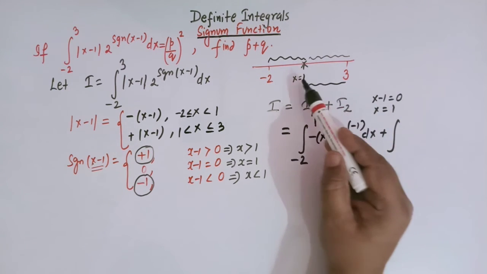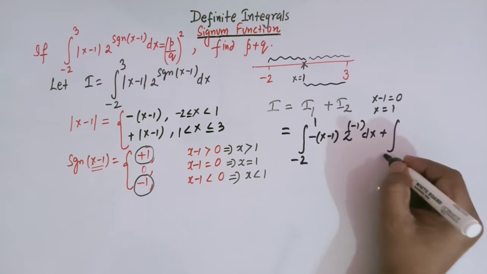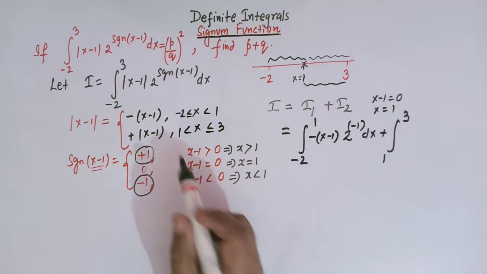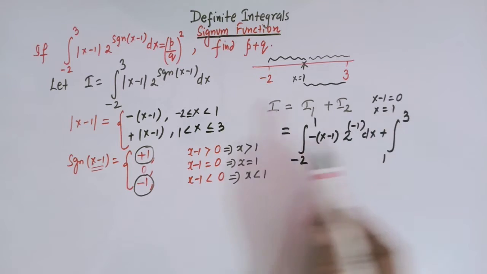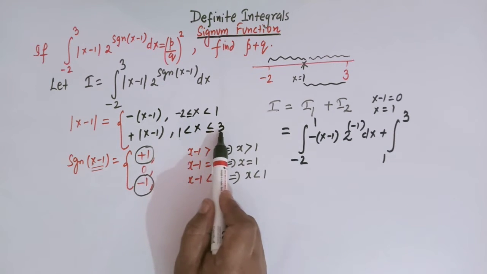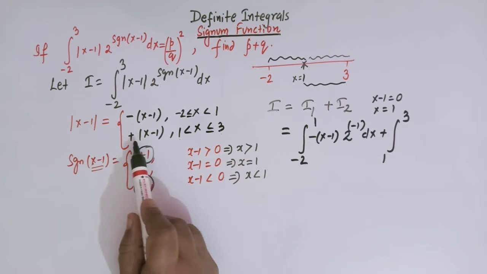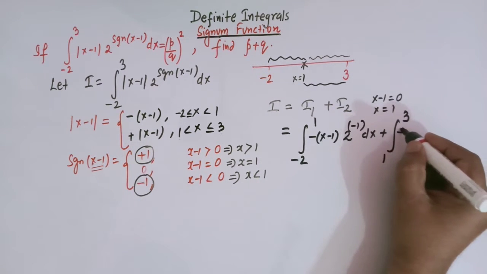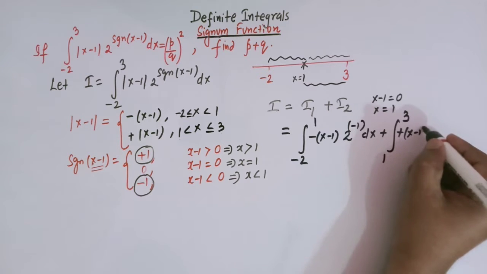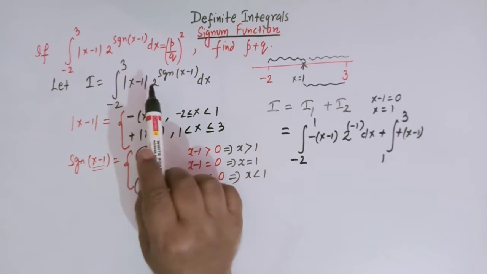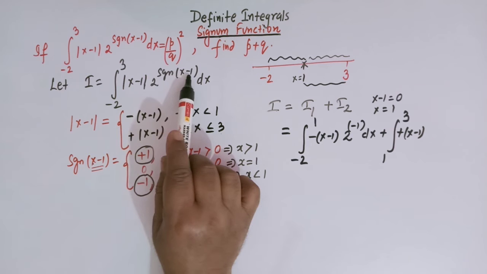So I2 goes from 1 to 3, and when we integrate from 1 to 3, then mod of x minus 1 will take plus x minus 1. So here we have positive x minus 1, and we have 2 raised to signum of x minus 1.